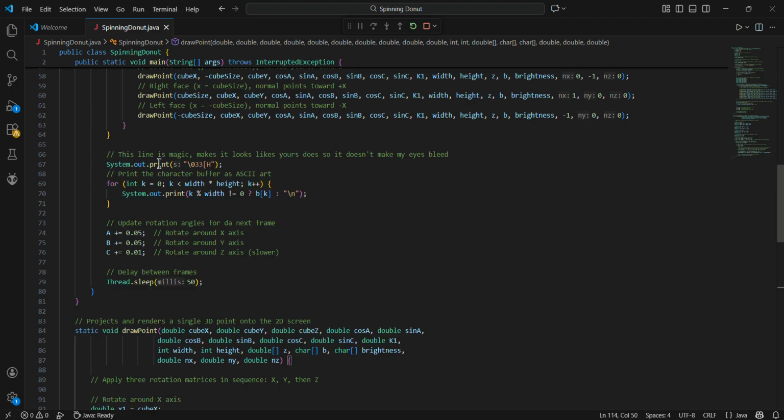This little line here, my brother, of all things, actually helped me with. Before, it was flickering really badly. The console would flicker as it rendered the new ASCII characters because it would just keep rendering.